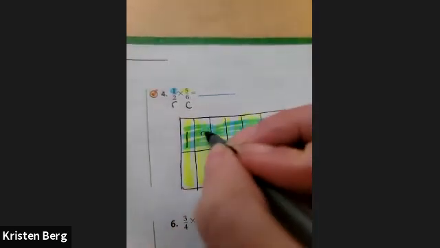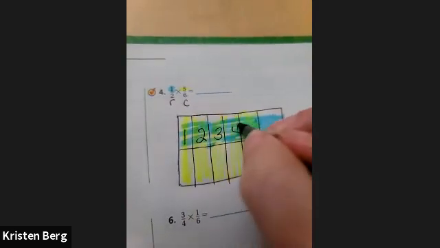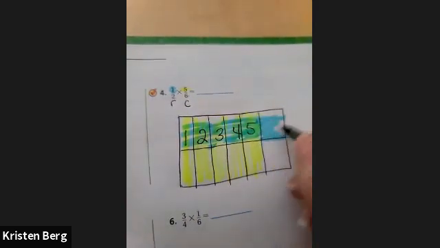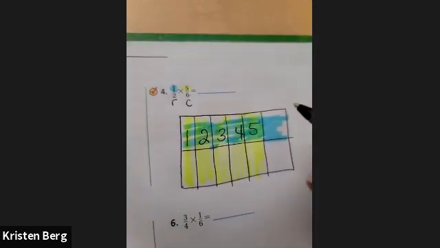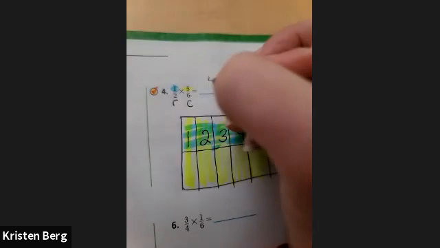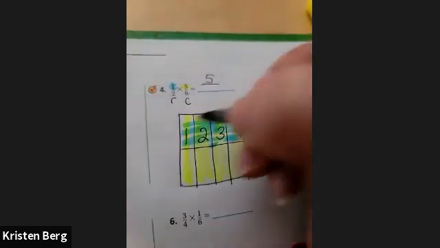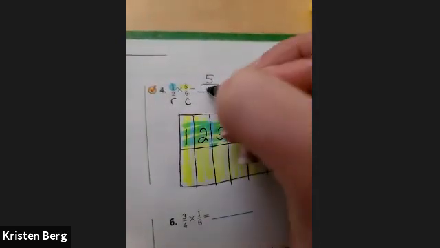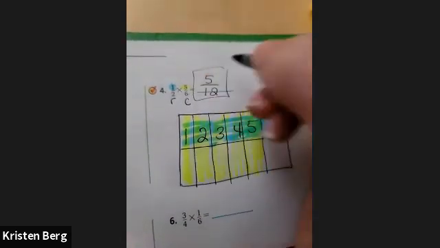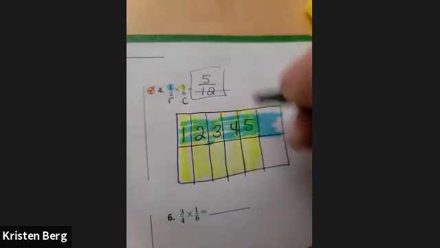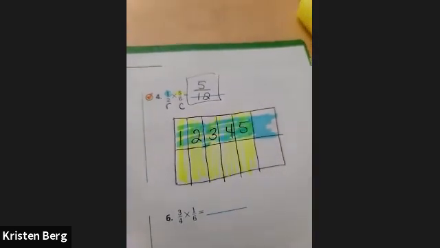Here is 1, 2, 3, 4, 5. This is not overlapping both colors, and neither are any of these. So therefore there is only 5 out of a total of 12. And if you went across, you would get your 5/12. But again, I want both the answer and the model for that.